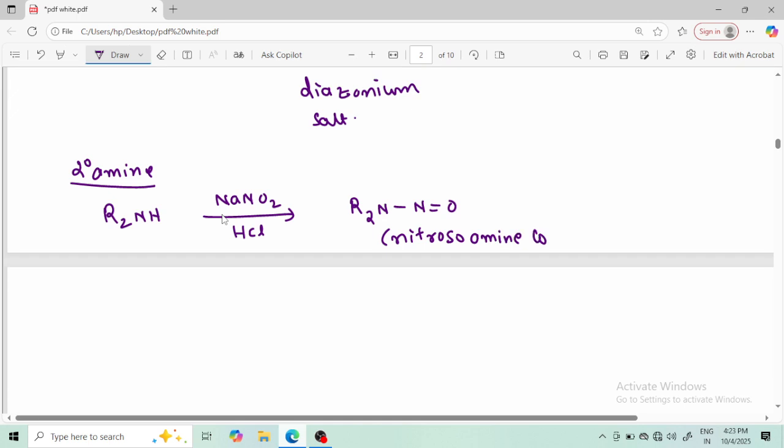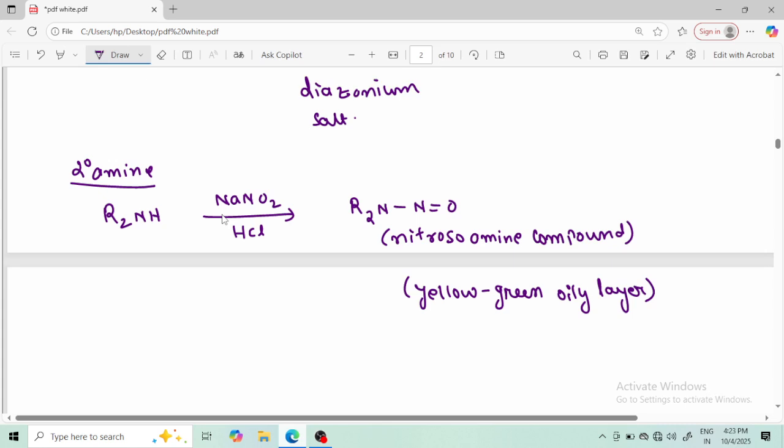And how to identify this? There will be one yellow green oily layer. Whenever a yellow green oily layer is formed, then it is 2 degree amine. Is that clear or not?